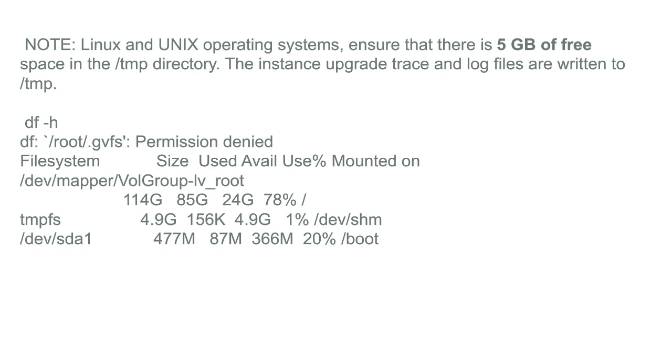Also, it makes a statement you need 5 GB of free temp space, so just make sure you have plenty of space. This is all in the link, and unfortunately I didn't provide a link right here, but if you just Google DB2 10.5 and 11.1, there are several good links out there for this process.